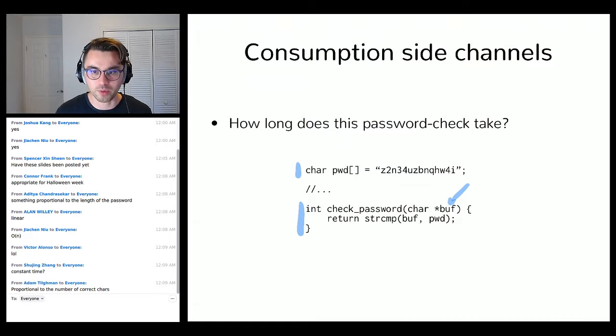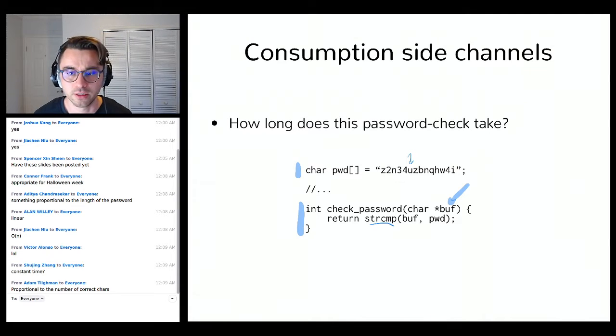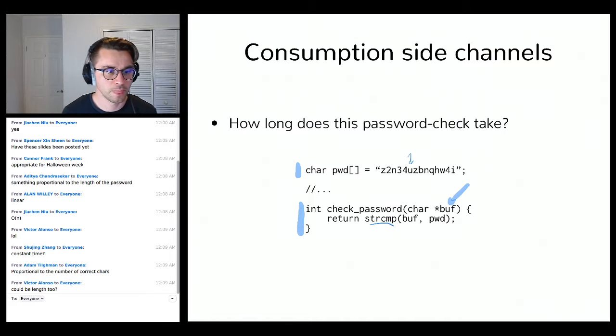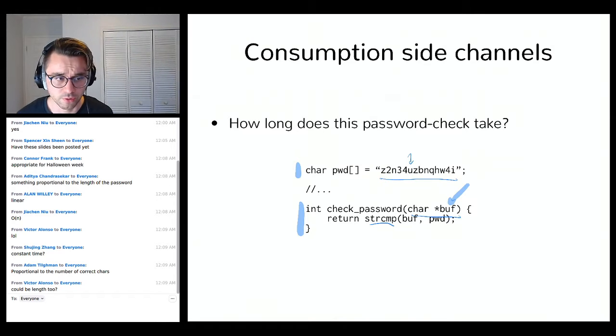Basically this strcmp stops when it detects that the character in the buffer doesn't match one of these characters. When it doesn't match, it just terminates early and stops. It doesn't actually go up to the length of the password or the length of the buffer if it's different.